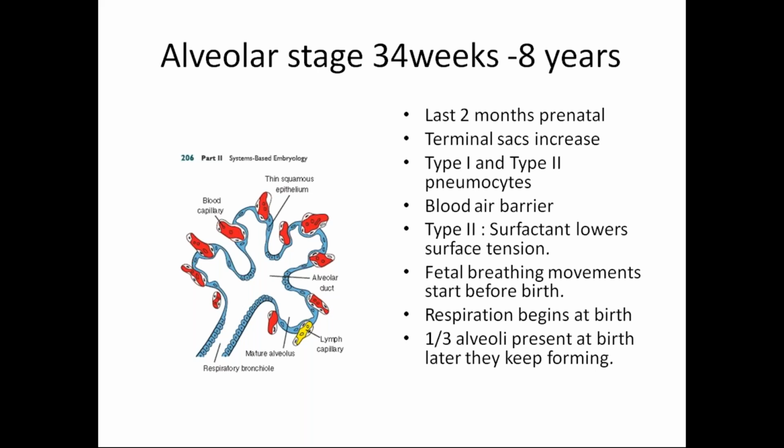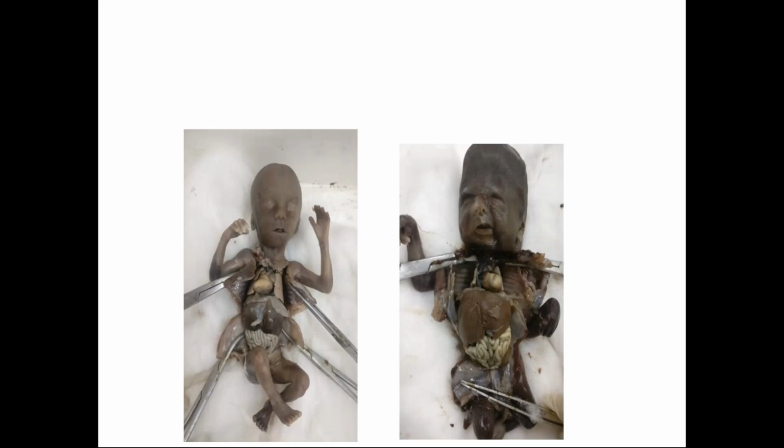So at the air and the alveoli interface, you have to have a low surface tension. And type 1 alveolar cells are thin pneumocytes. They surround the capillary, and they are the ones which help in the blood gas barrier.